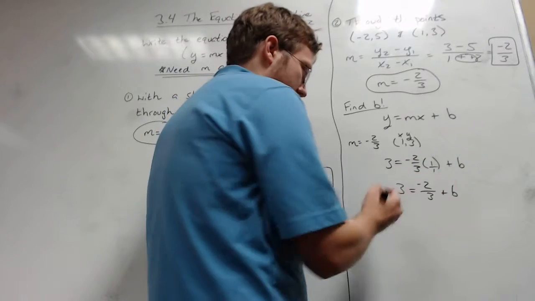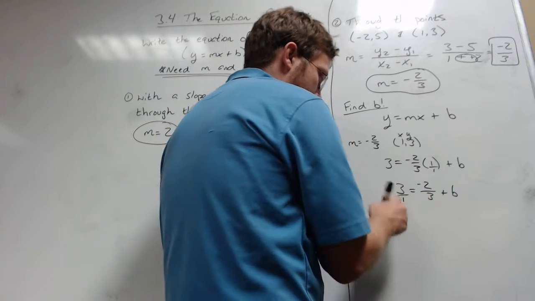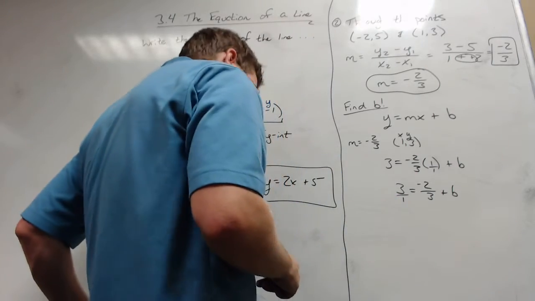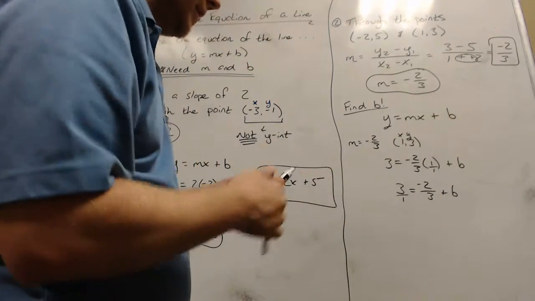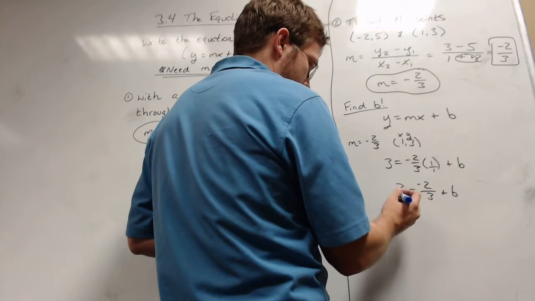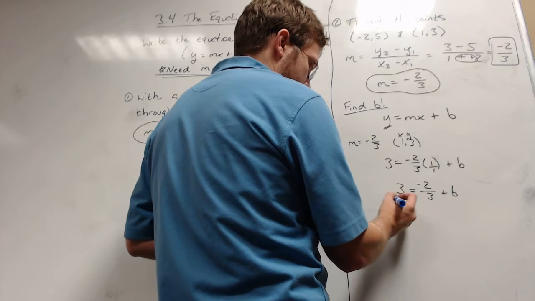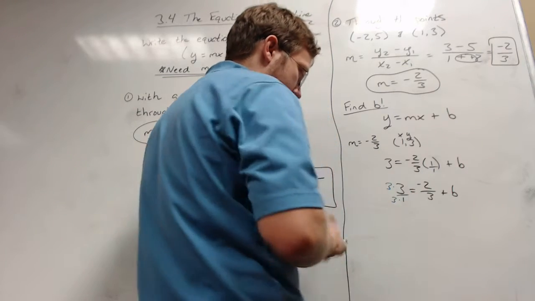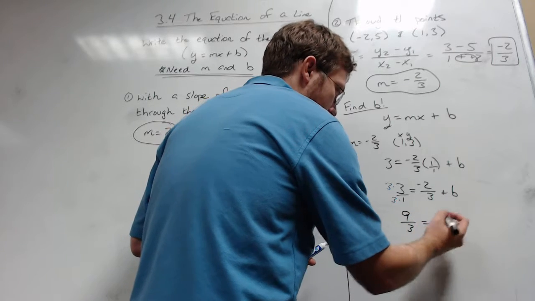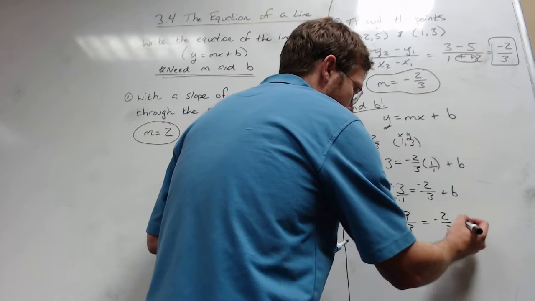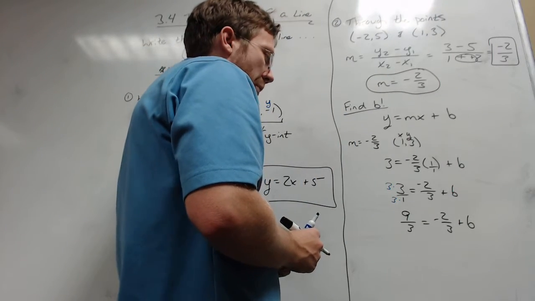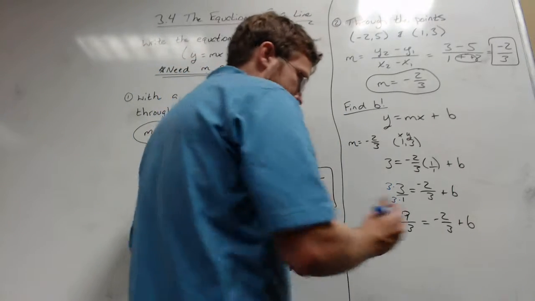We can save ourselves a little bit of time if we thought of this as a fraction as well and got a common denominator. So if we have common denominators here between 1 and 3, this guy would need to be a 3, so we can take this and multiply by 3 in the top and bottom. So I'm just going to rewrite the equation. We have 9 over 3 is equal to -2 over 3 plus b, and we can solve for b.